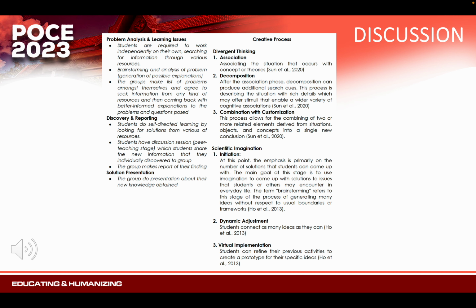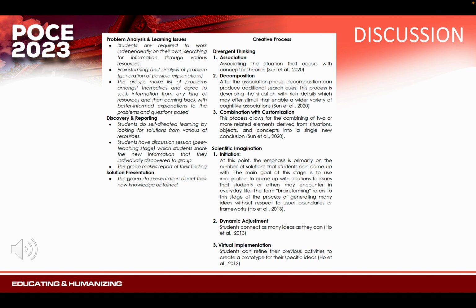And then for the second step of PBL, there is problem analysis and learning issues. Then step 3, discovery and reporting, and step 4, solution presentation. Those are integrated with divergent thinking steps by Sun et al. 2002, which are the divergent thinking.